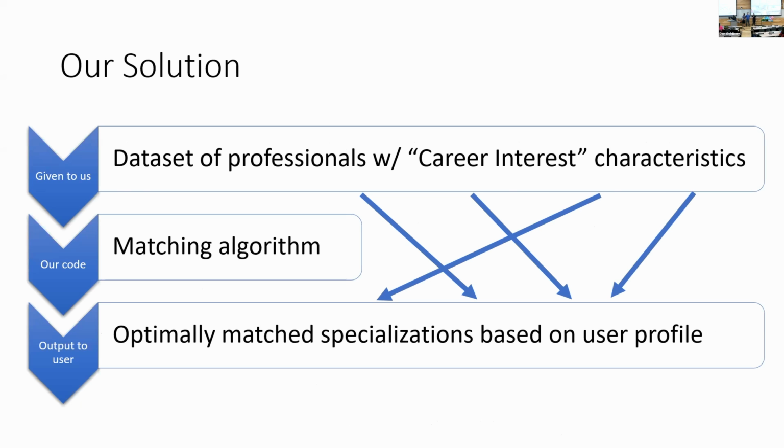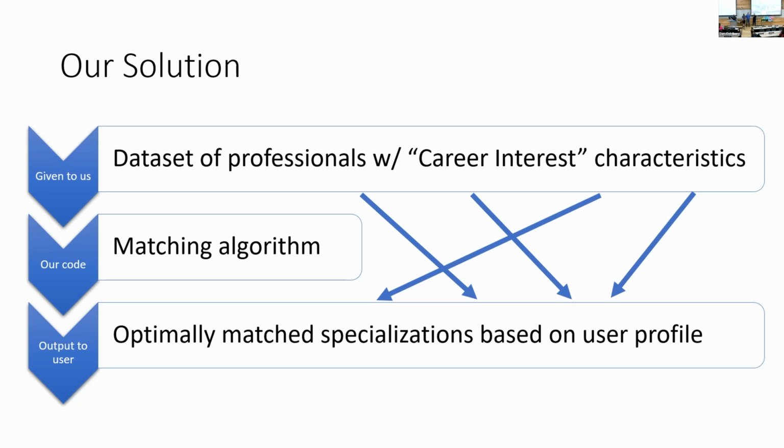Our solution to this problem, in a slightly more technical description, is we start off by being given a data set of actual real-life professionals in the field and their career interest characteristics. So the average coder has this much of the 6 skills, the average Scrum leader has this much of the 6 skills.